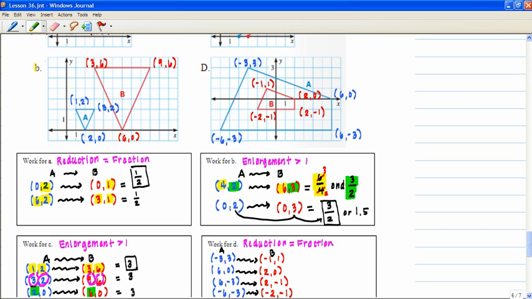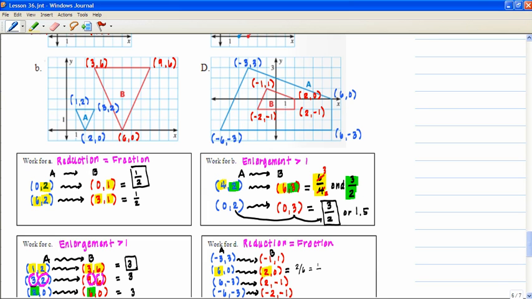So let's go ahead and look at the easiest first. Going from 6 to 2 is a reduction of 1/3. Again, I'm going to put the smaller number on top, so I can put 2 over 6, and I can simplify that to 1/3.